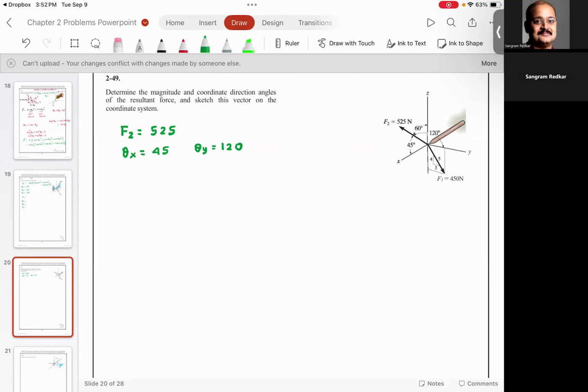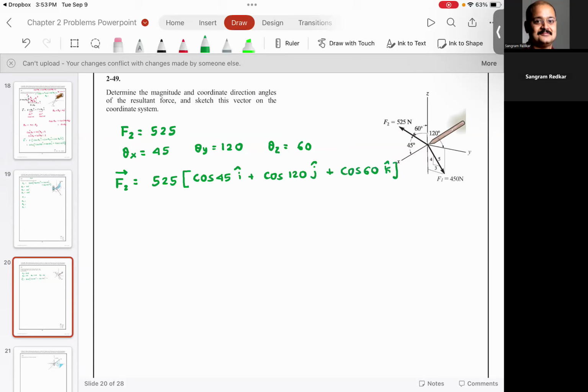These angles are theta x equal to 45, theta y is equal to 120, and theta z is 60. And then you can find F2 is equal to 525 cosine 45 i plus cosine 120 j plus cosine 60 k. Are you with me so far?